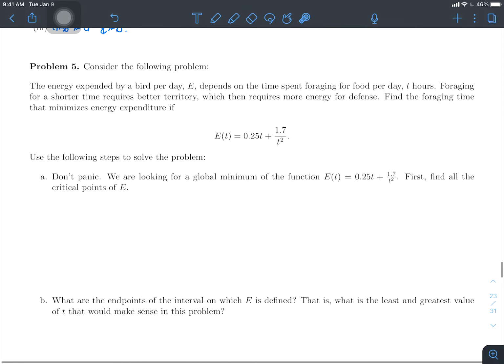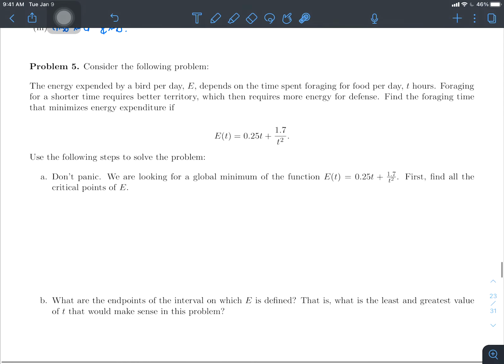So if I do that, I get 0.25 minus 3.4 over t cubed is equal to 0. So let's just go ahead and solve that. We get 0.25 equals positive 3.4 over t cubed.